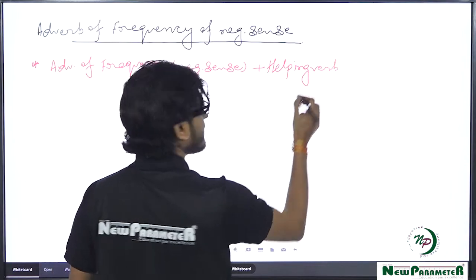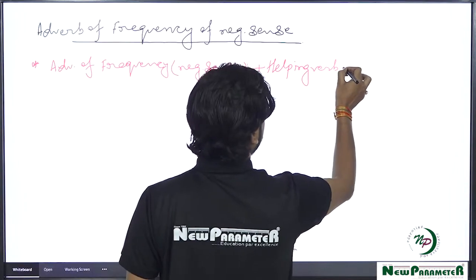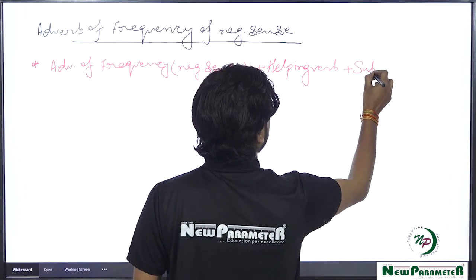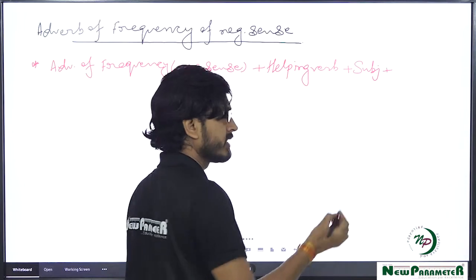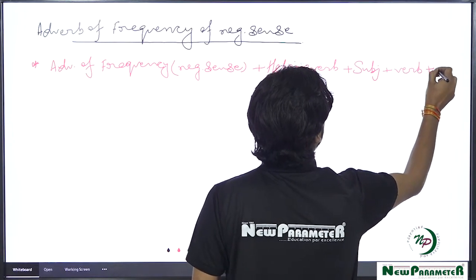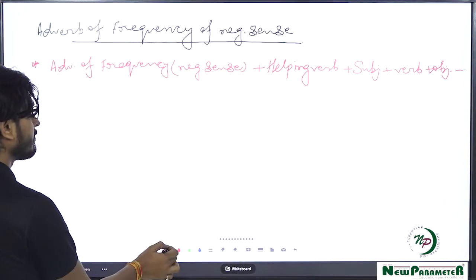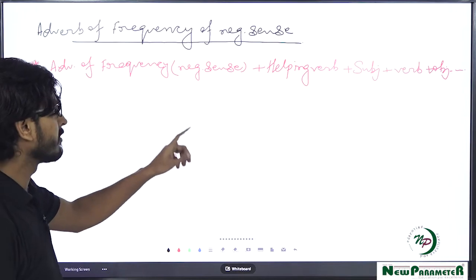Helping verb, you know, is am, are, was, were, has, have, had, so many things. Then I have to use a subject. Then if a sentence has an action, we can use main verb, then object, etc. This is the most important question. This is the most important structure also.